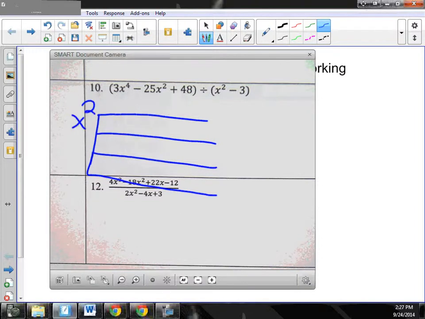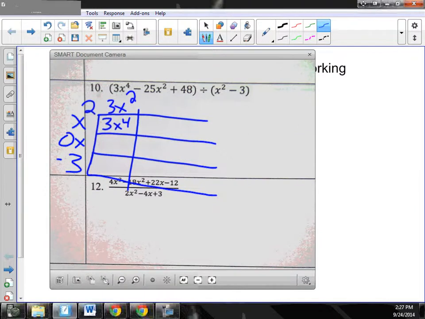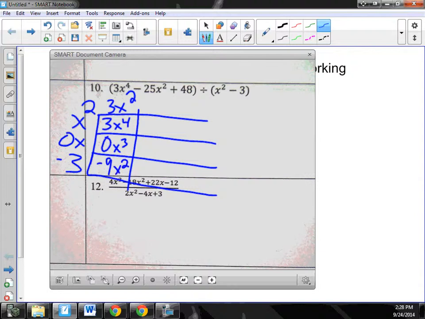So x squared, what's my second row? 0x and negative 3. Okay. So I put in 3x to the fourth. Let's see if I can do this without making a mistake. 3x squared times 0, 0x to the third, and then minus 9x squared. Okay, next column.